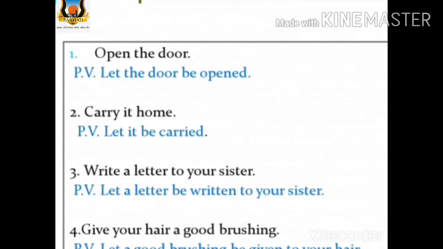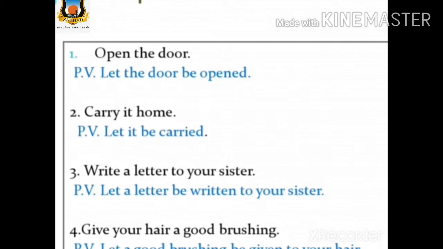Now look at the third sentence. Write a letter to your sister. Here write is a verb, a letter is the object. How will it come then? Let, object letter, be, then the third form of the verb written, to your sister. Let a letter be written to your sister. Now give your hair a good brushing. Here give is a verb, a good brushing is the object.